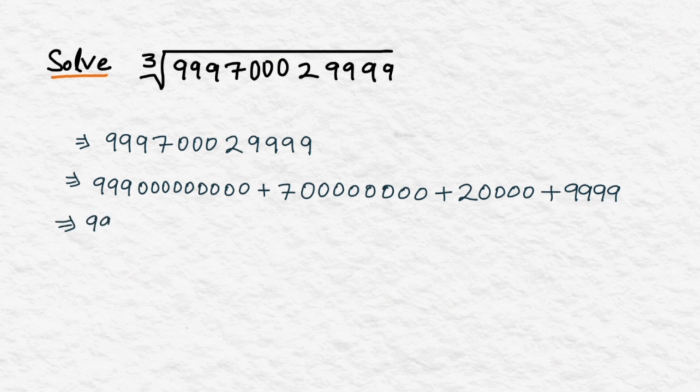Now we can write this number as 999 into 10 to the power 9, since we have 9 zeros here, and then plus 7 into 10 to the power 8 because we have 8 zeros after this. Similarly, plus 2 into 10 to the power 4 plus 9999.